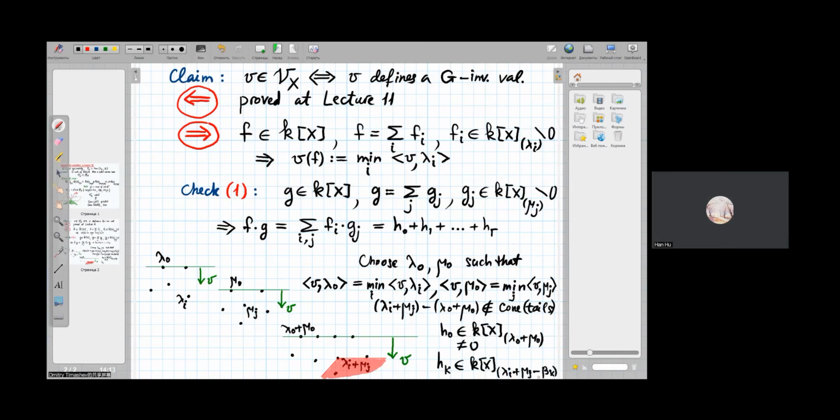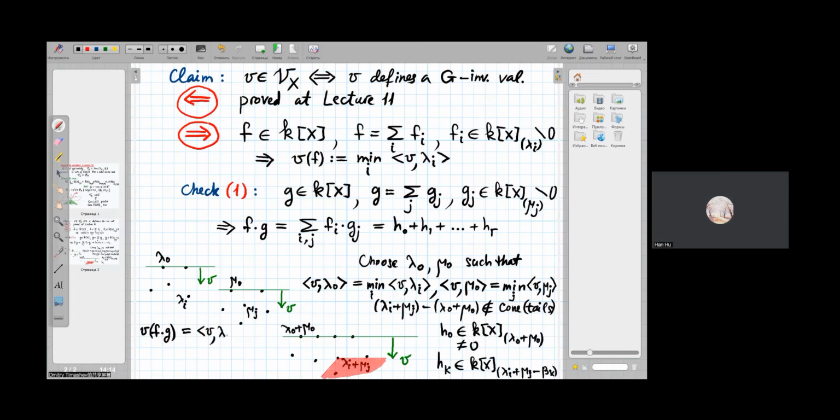And now, if we want to compute the value of f of v on the product of f and g, then by definition, you have to take the minimum of the pairings of v with these weights, lambda naught plus mu naught, lambda i plus mu j minus beta k, all these weights. And by the choice of lambda naught and mu naught, this minimum is reached at lambda naught plus mu naught.